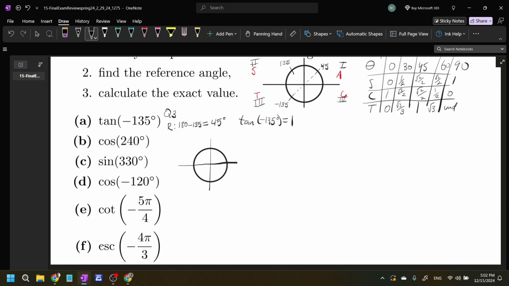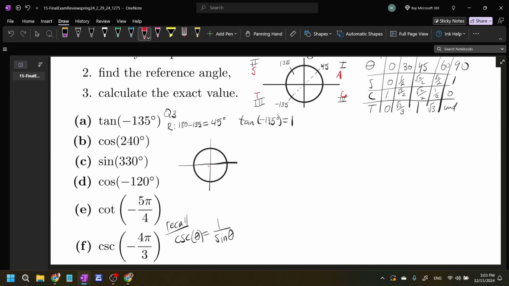Let's do cosecant. And let's recall that cosecant theta is really the same thing as 1 over the sine of theta. So when we find our answer, we're going to refer to sine of theta. So let's just focus on sine of theta as we do our construction. Negative 4 pi over 3.